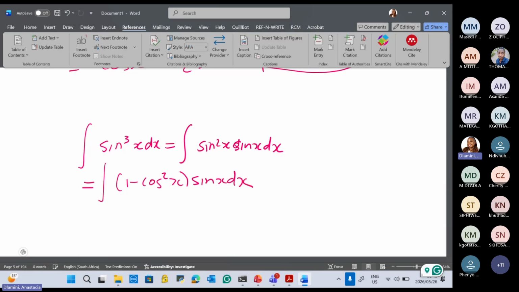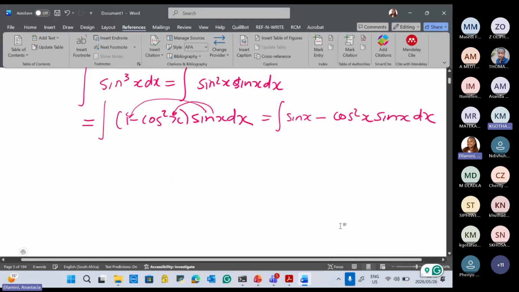Let's multiply together now. We say 1 times sine x. So this is integral of sine of x, right? And then we say sine x times this. Then this becomes minus cos squared x sine of x dx.